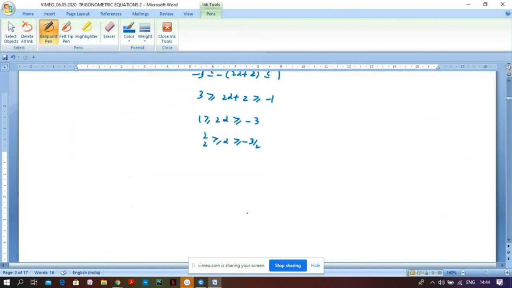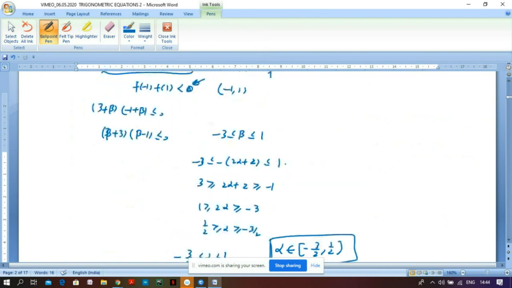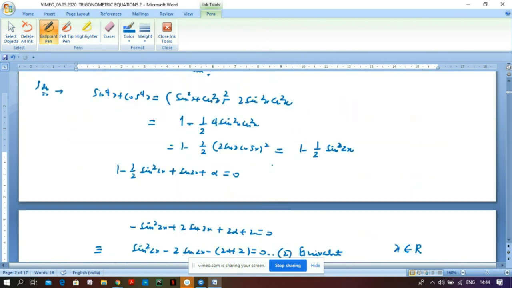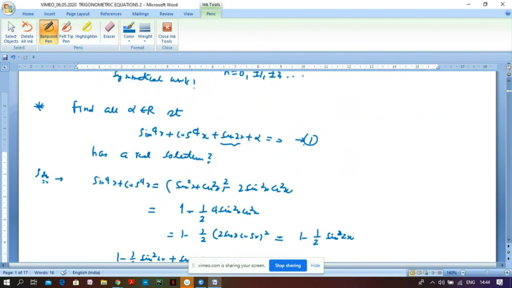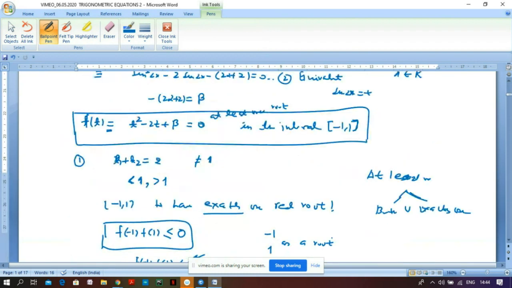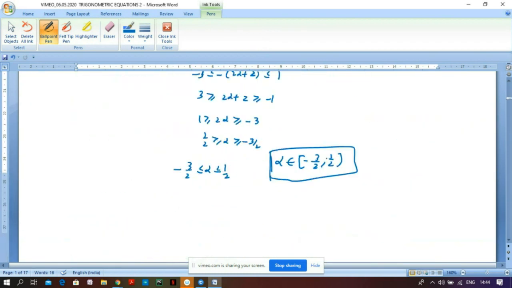I can write it as -3/2 less than or equal to alpha less than or equal to 1/2. So I found the set of all alphas such that the original given equation has at least one real solution: alpha belongs to [-3/2, 1/2].